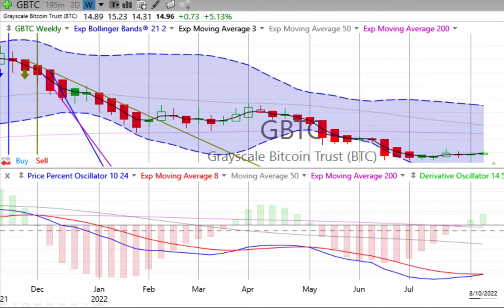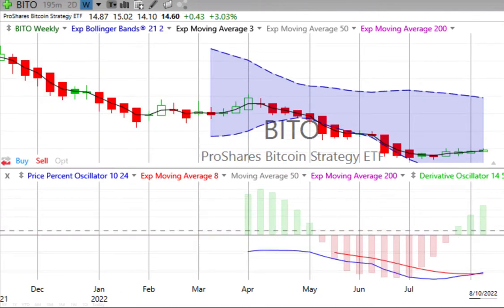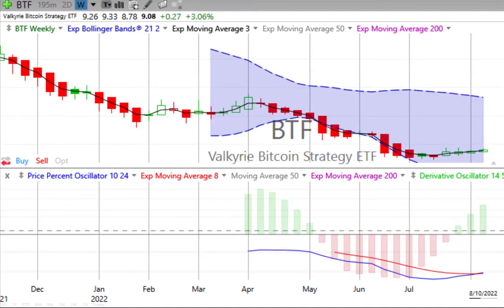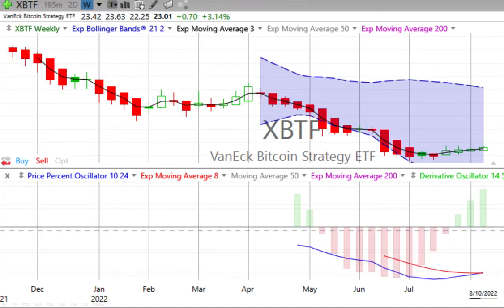And then if we move on to the three ETFs, the Bitcoin ETFs, you can see BITO. Now, these haven't been around that long. Just over the past year, you can see where it too is starting to cross over, going up. BTF, same thing. XBTF, same thing. These are all on the weekly charts.